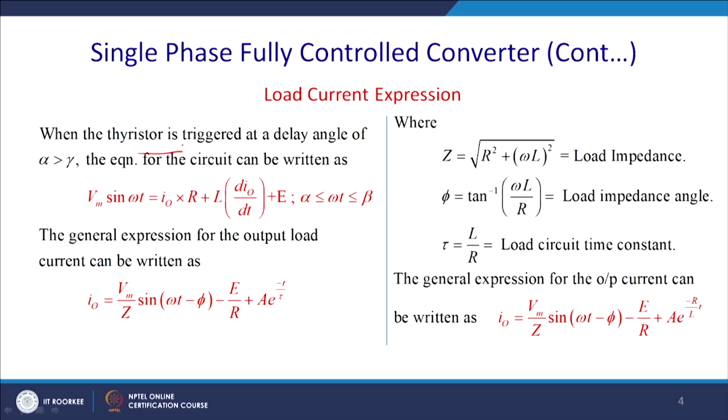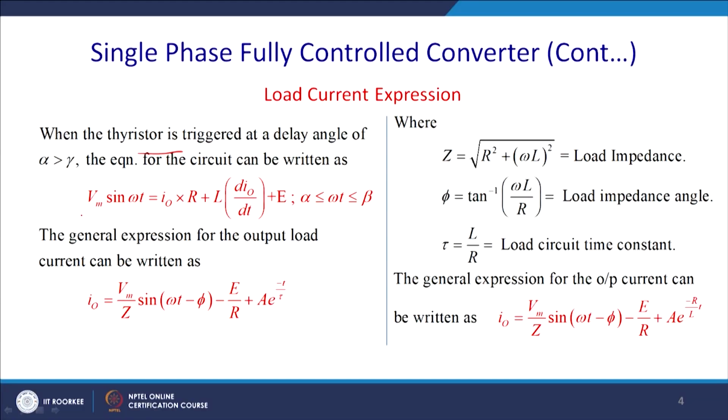When the thyristor is triggered at a delay angle alpha, and alpha is more than lambda, then the equation of the circuit can be given as Vm sin omega t equals IR plus L di dt plus the back EMF for this duration.